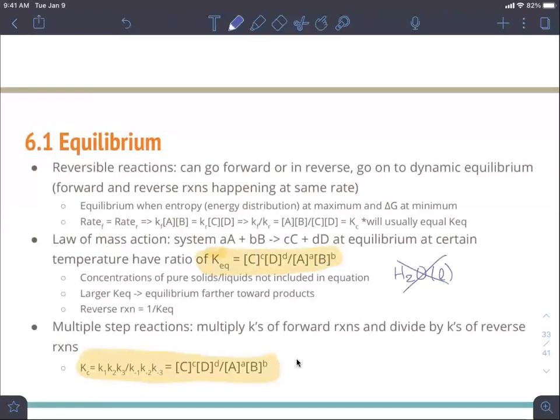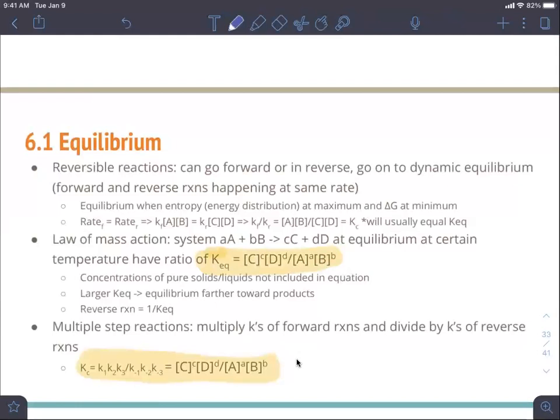What's a good solid? Say you had solid sodium for some reason. That would also not be included. So only aqueous phases and gas phases are included. And the reason is because the majority of reactions happen in aqueous or gas phases, because particles are constantly moving in these phases.